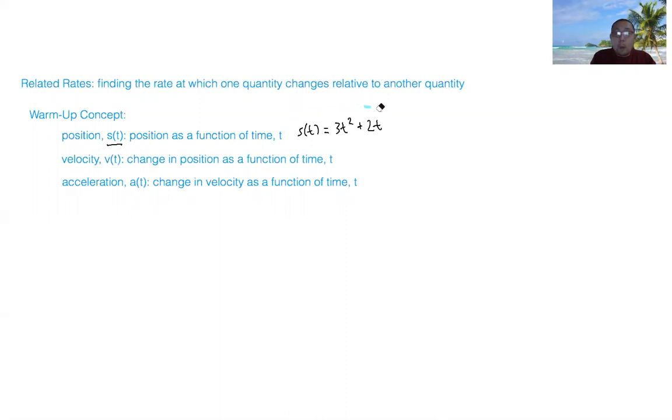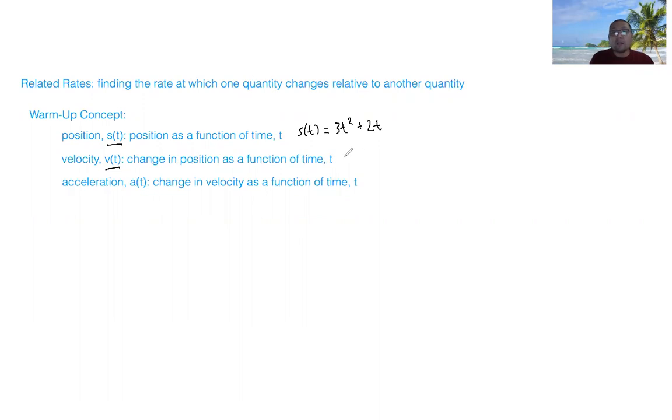Now if I were to ask you for the velocity, right? Velocity is defined as the change in position as a function of time. So what's your velocity, or your change in position, at 2 seconds or at 3 seconds? You would do a similar thing by plugging in your time, but you wouldn't plug it into your position function.